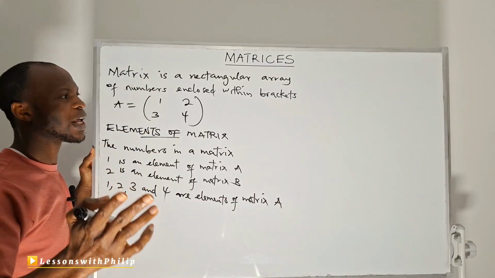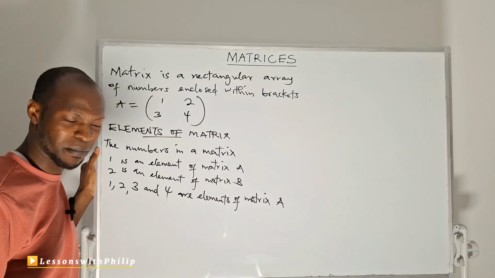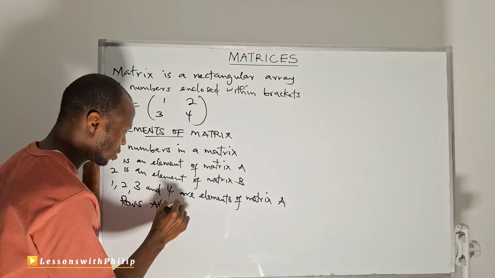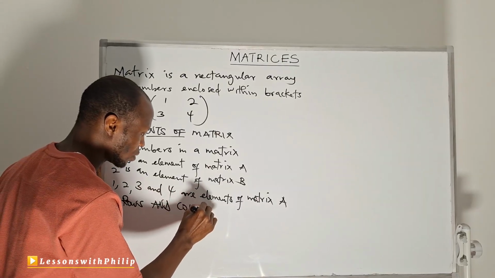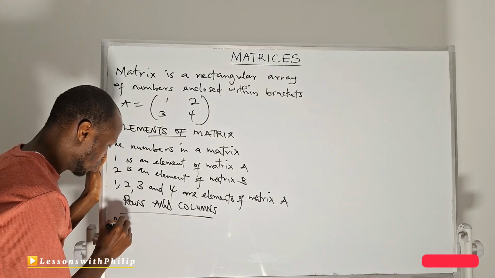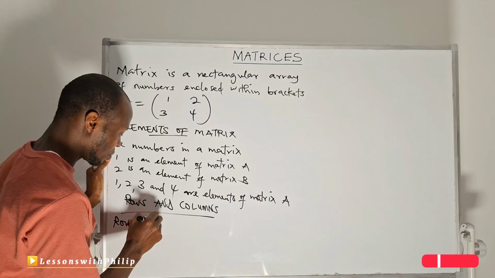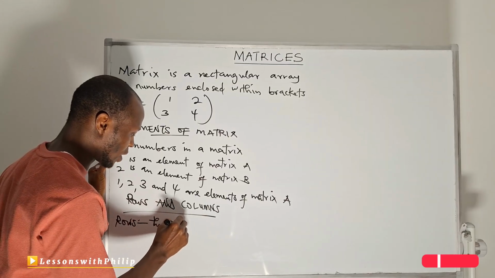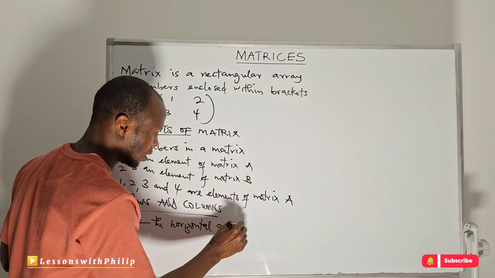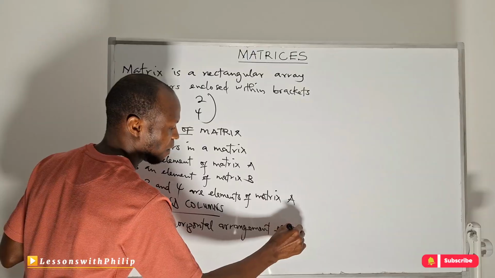Good. Now, let's quickly explain what we know about rows and columns of a matrix. Rows are the horizontal arrangement of numbers.